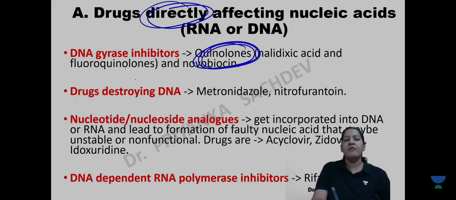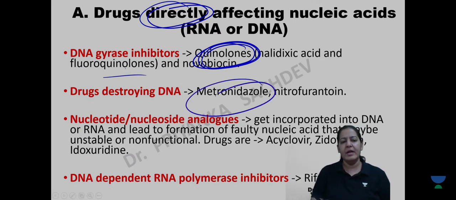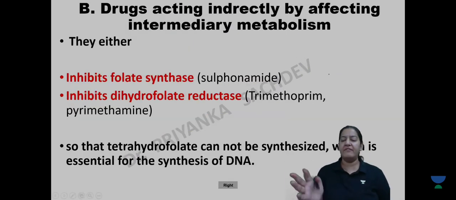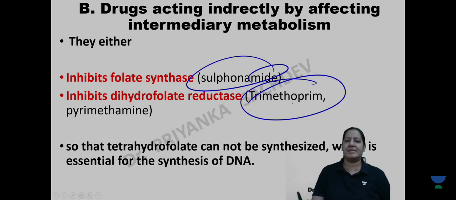All quinolones, fluoroquinolones, all of them are direct inhibitors. Metronidazole is a direct inhibitor. Then rifampicin is a direct inhibitor of RNA, and these are direct inhibitors of DNA, right? So DNA and RNA.